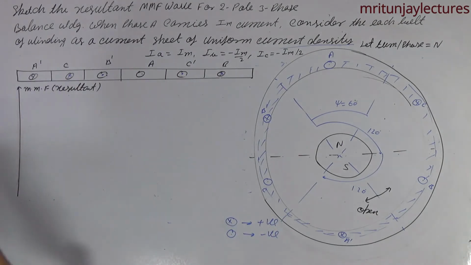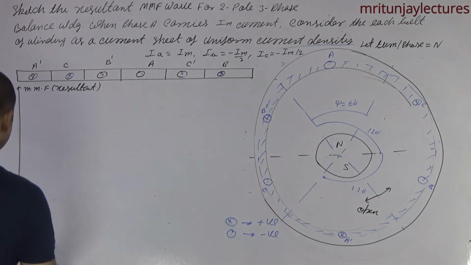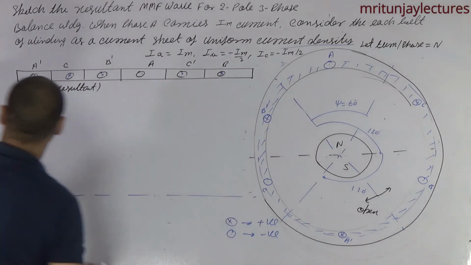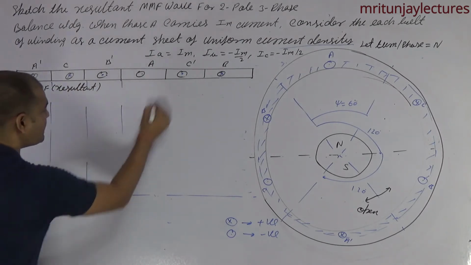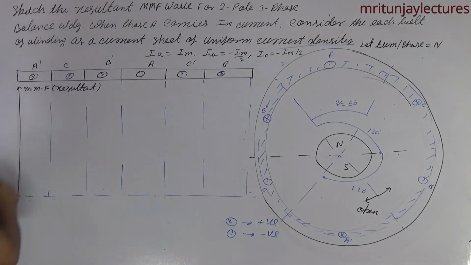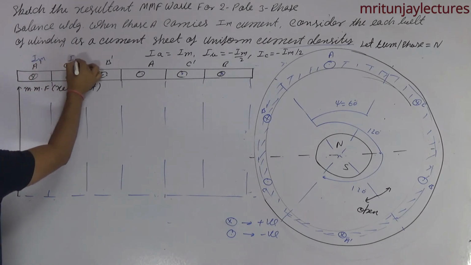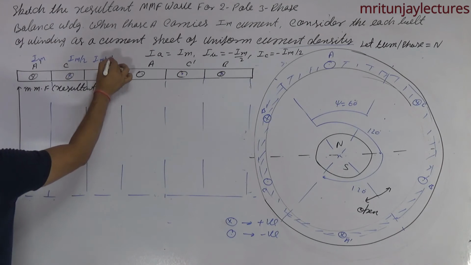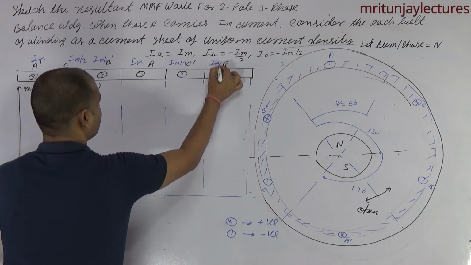Now, this is a uniformly distributed winding, with N turns. The MMF is first written as Im by 2, Im by 2, Im by 2 and Im by 2.